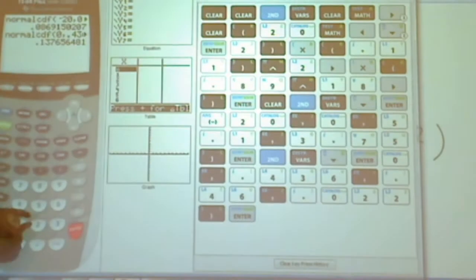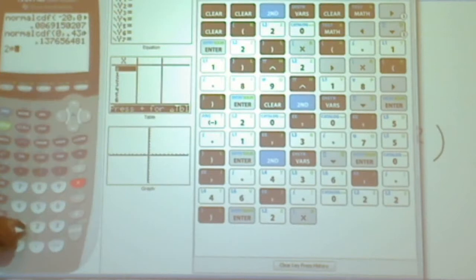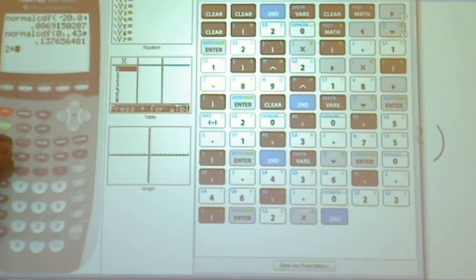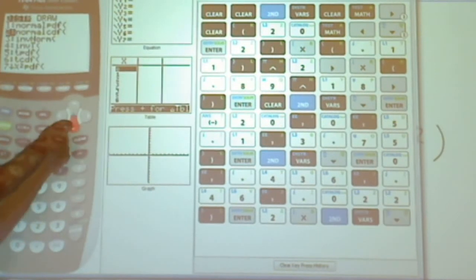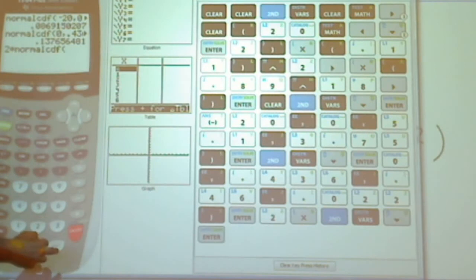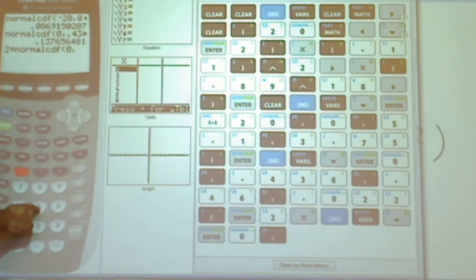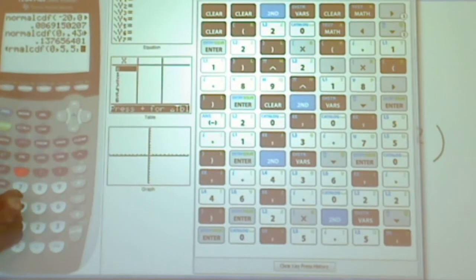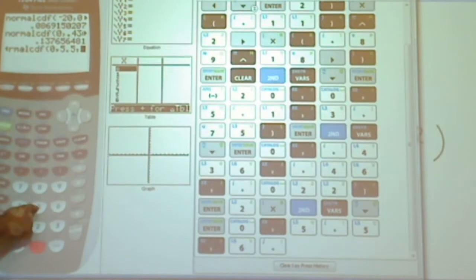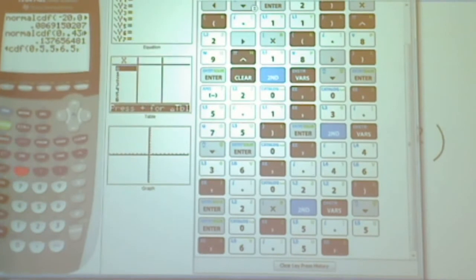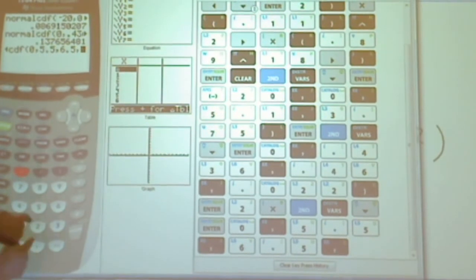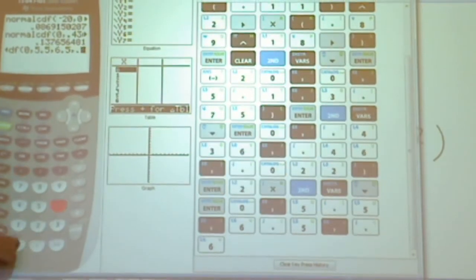So you could do 2 times on the calculator, then go grab the normal CDF function. Lower bound 0 up to 5.5, comma, mean of 6.5, standard deviation 0.602.